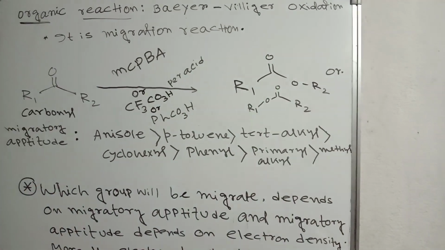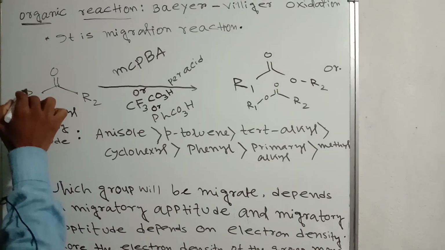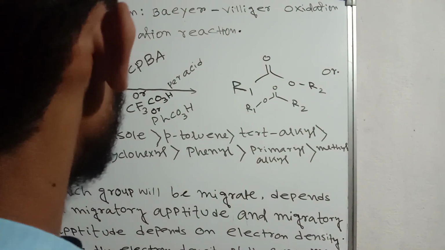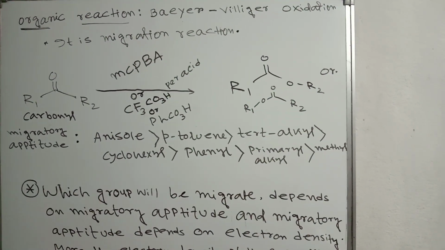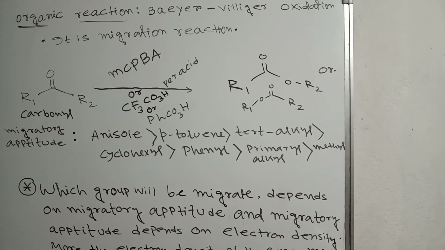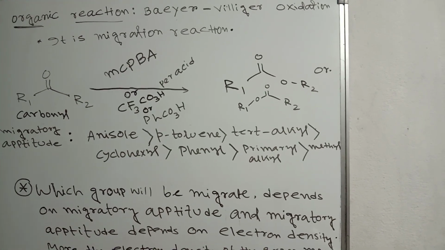Here there are two possibilities for which group will migrate, either R1 or R2. The migratory aptitude depends on the electron density of the migrating group. Mainly, one oxygen is inserted between the carbonyl and the migratory group.